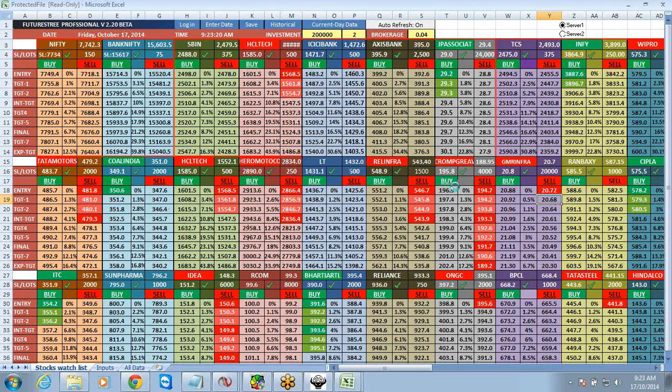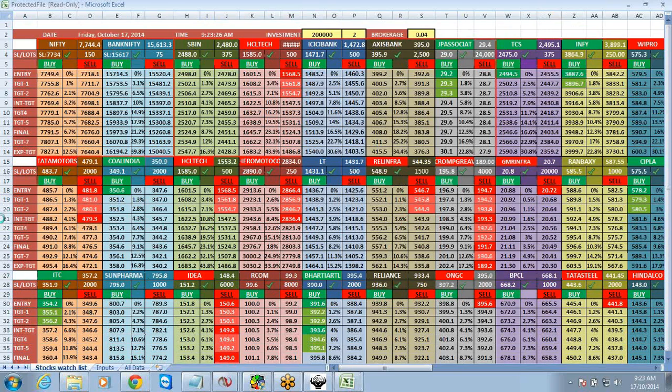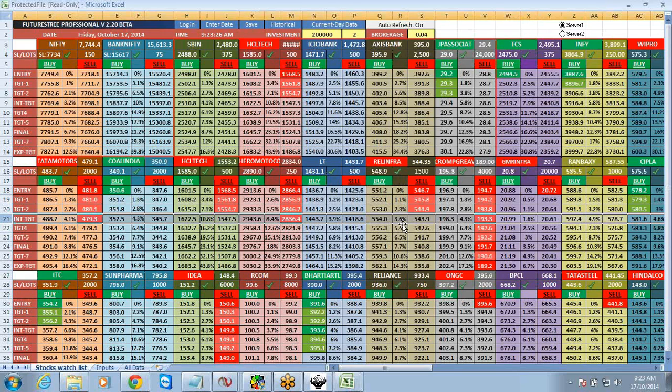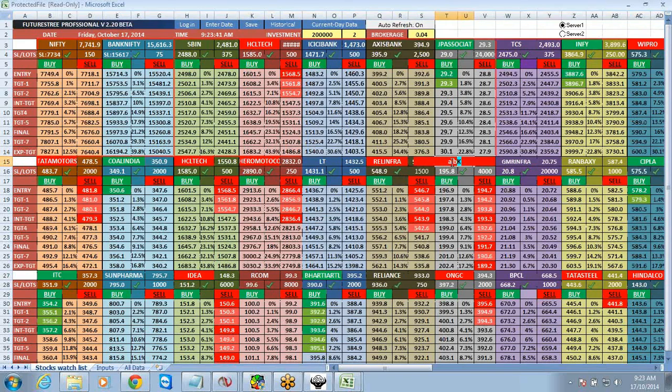Any script which starts beyond the intermediate target levels, we'll just ignore, and then we can change that particular script to some other symbol. Let me say I'm just going to add here Allahabad Bank, ALBK. So I can change the name of the script also.